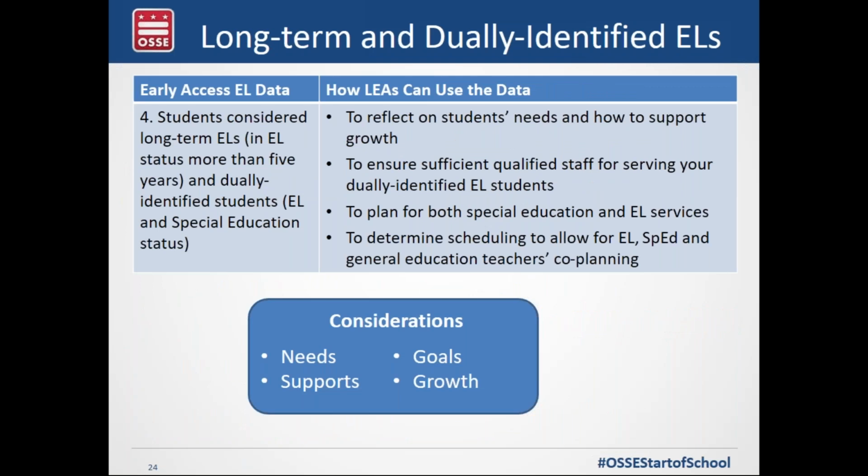So this is particularly helpful when looking at students' growth targets and their most recent ACCESS scores to reflect on the students' needs and how to support them. It also can help to start to have that conversation on planning for both special education services and English learner services so that they can be coordinated and you have sufficient staff providing for the students' needs.